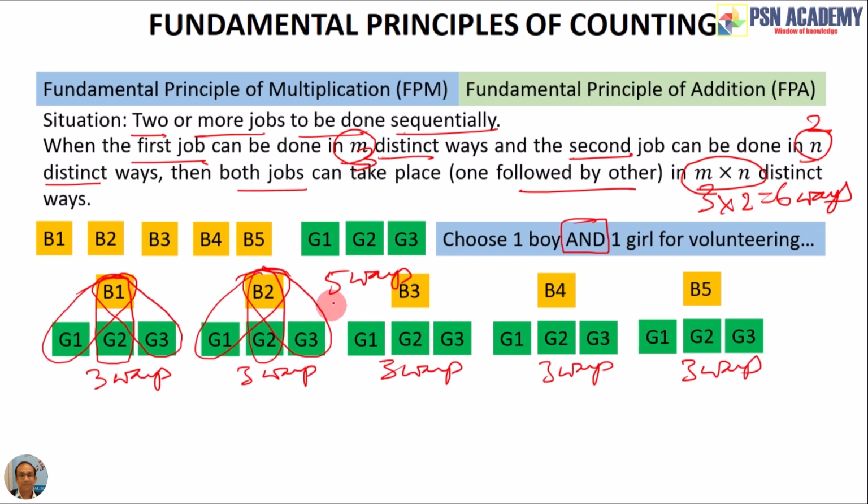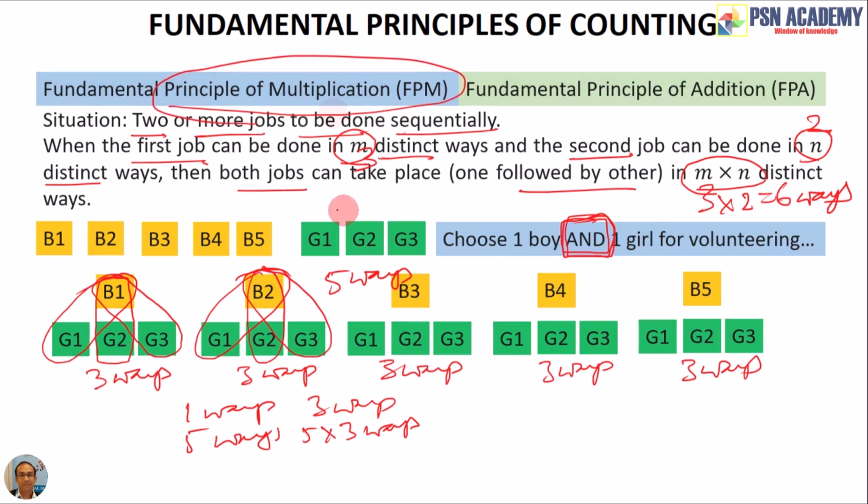So you can see that from each way of the boys, we can have 3 ways for the girls. So one way produces 3 ways for the girls. So if there are 5 ways for the boys, you have 5 times 3 ways for selecting 1 boy and 1 girl from each group, isn't it?